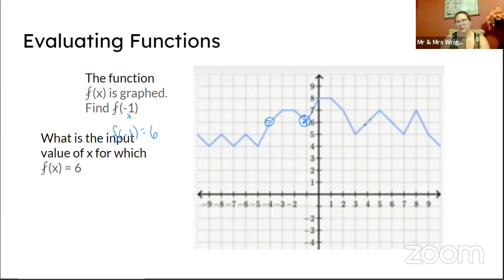Here we have it as well. So there's a number of places where the output value is 6. So what is the input value for x for which f of x is 6? So it actually ends up being a set of -4, -1, and +4. Close out my set.